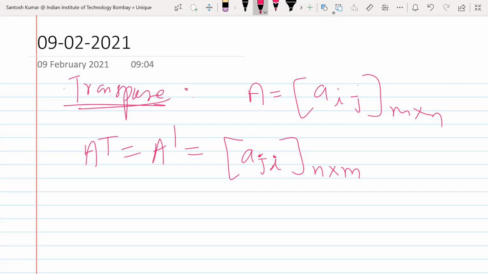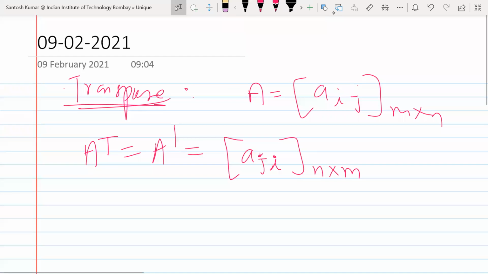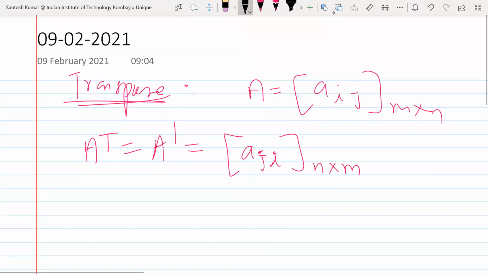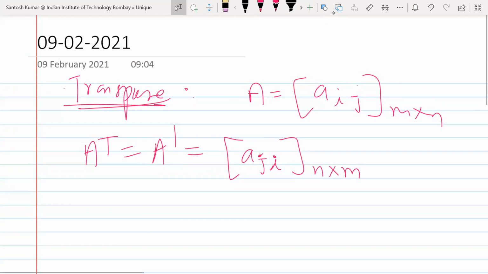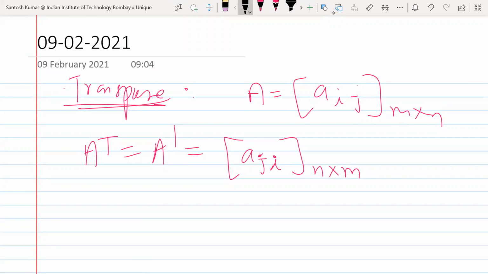So Aij becomes Aji. This is N cross M, A transpose or A dash.